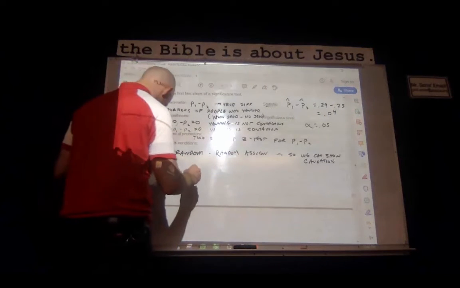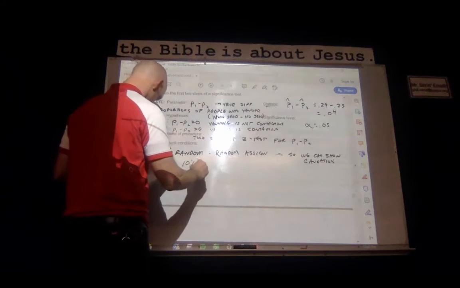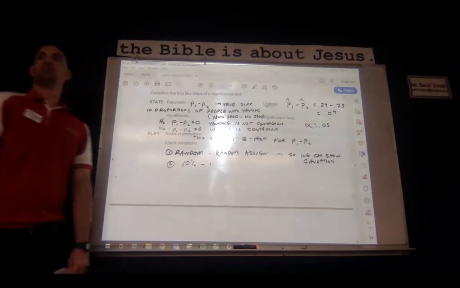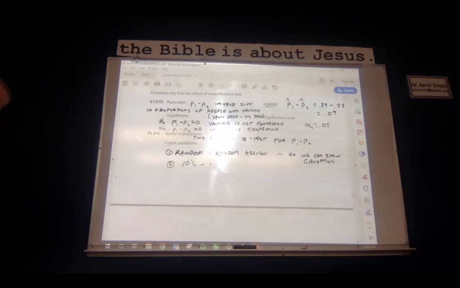Two, our 10% condition. What do we put here? 50 is less than 10% times N. It must be less than 10% of the population.